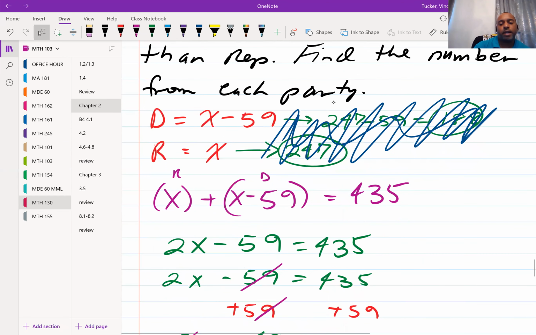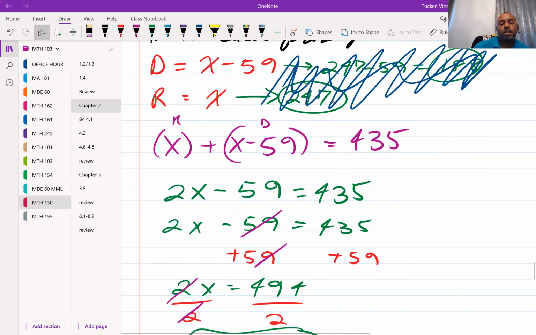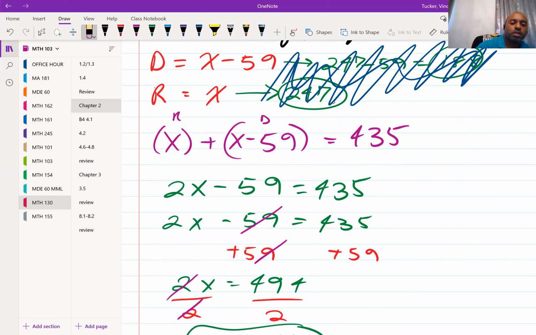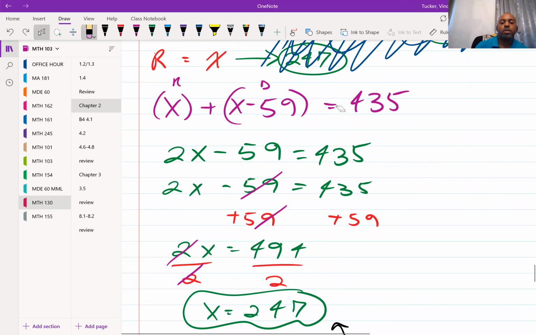Add 59 to both sides. Maybe 2X equal to 494. Divide by 2. It's 247 for X.